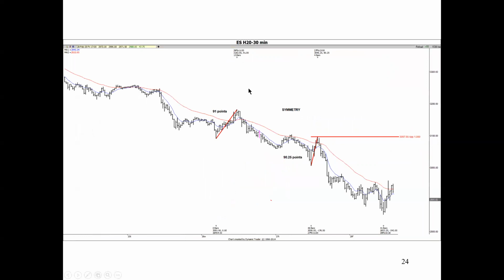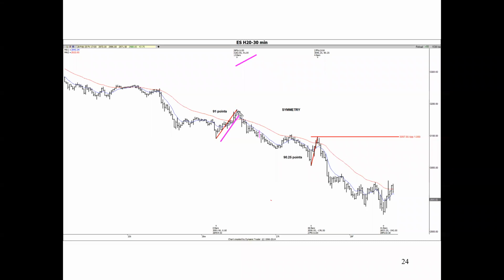All right, here's another example of symmetry. Symmetry is similarity or equality when comparing swings in the same direction. This was relatively recent. This is where we had a nice little 91-point rally.